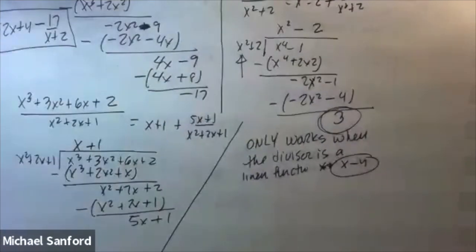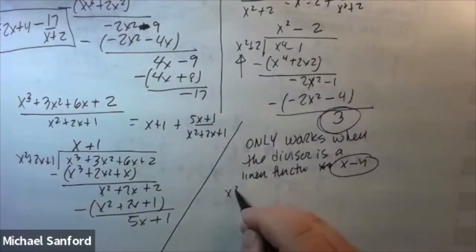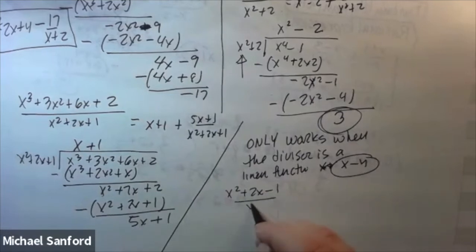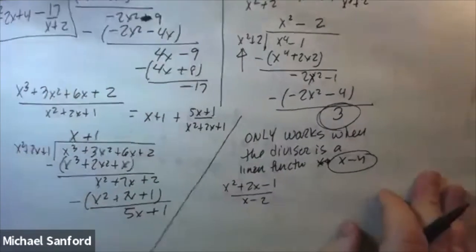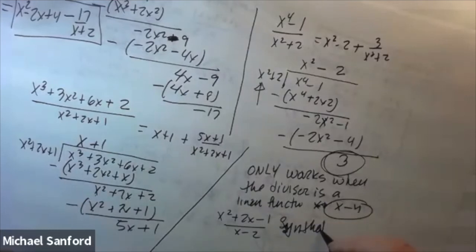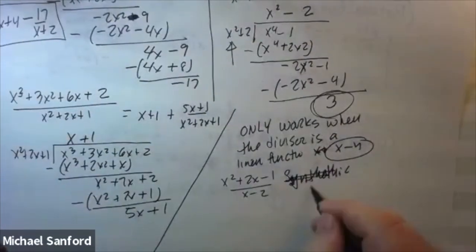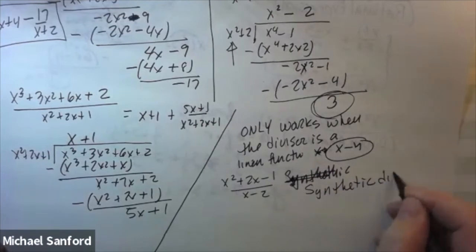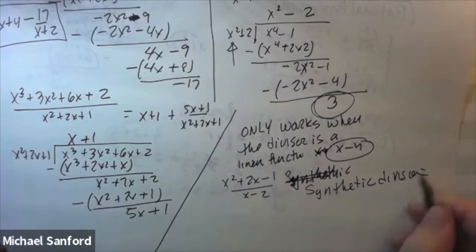All right, so say we have something like x squared plus 2x minus 1, and we want to divide it by x minus 2, like this. So what we're going to do is called synthetic division. So what you do is this.